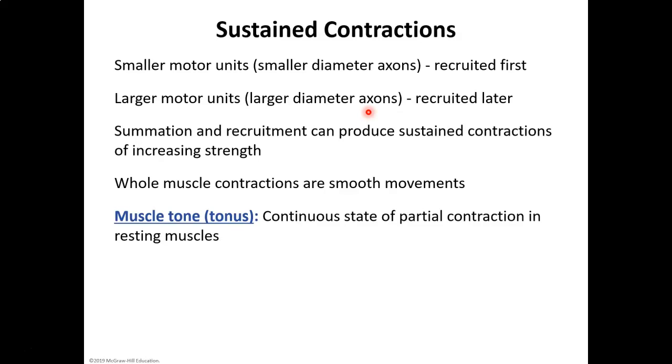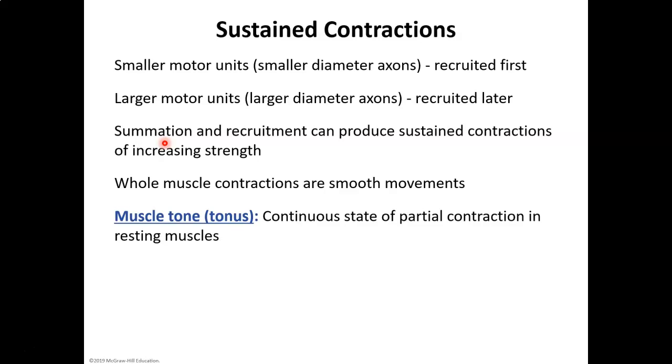And the process by which that happens is what's known as summation. Summation, recruitment you already learned about. Recruiting motor units is how you can recruit more muscle fibers to get in on the action. But summation is the process by which all of these muscle fibers help each other out.